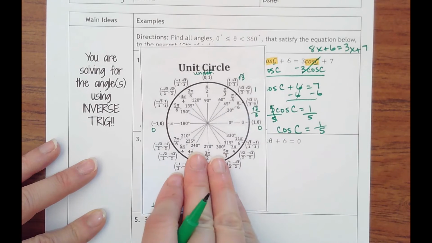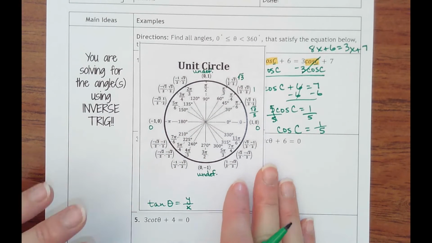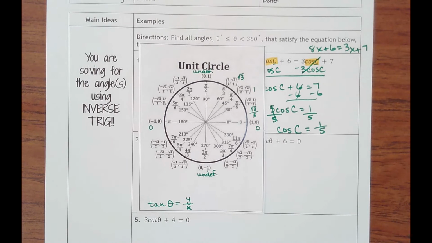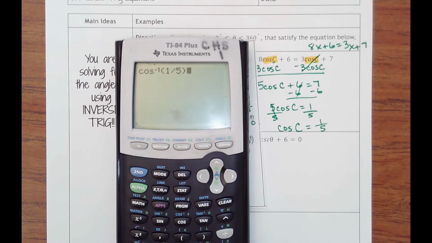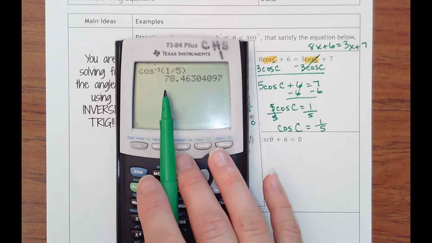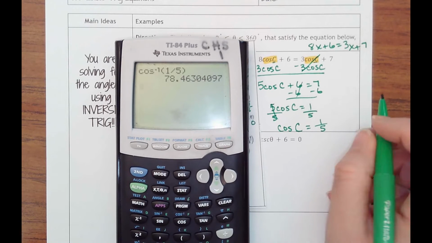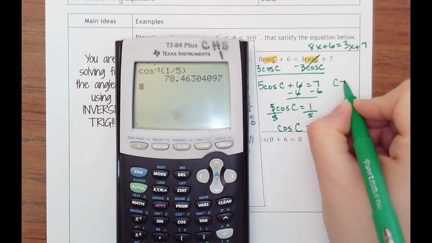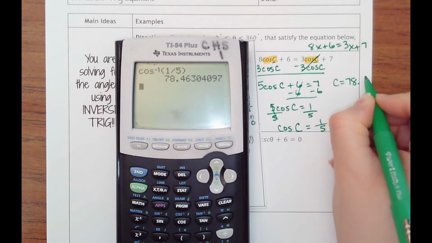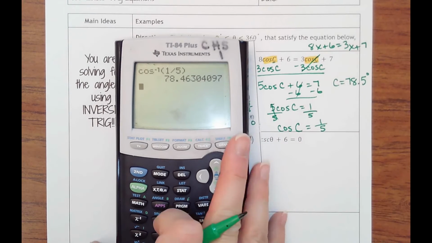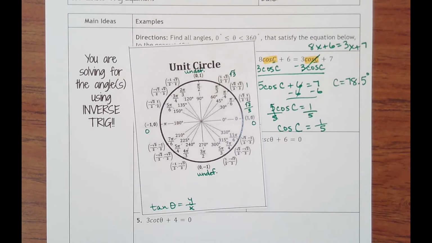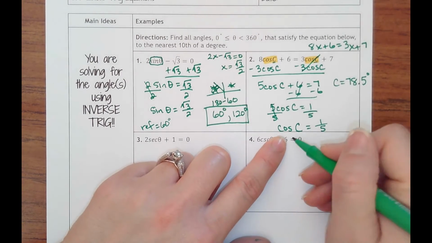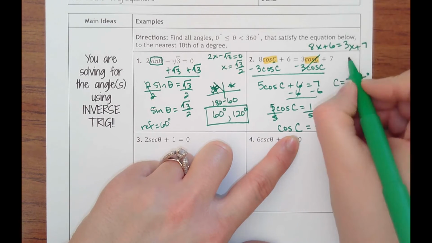That's not part of an ordered pair around my unit circle. So you're going to have to grab a calculator and do inverse cosine of a fifth. And that should get you 78.5 degrees, rounded to the nearest tenth. But we have to think about that's our reference angle. And we're talking about cosine being a positive value.